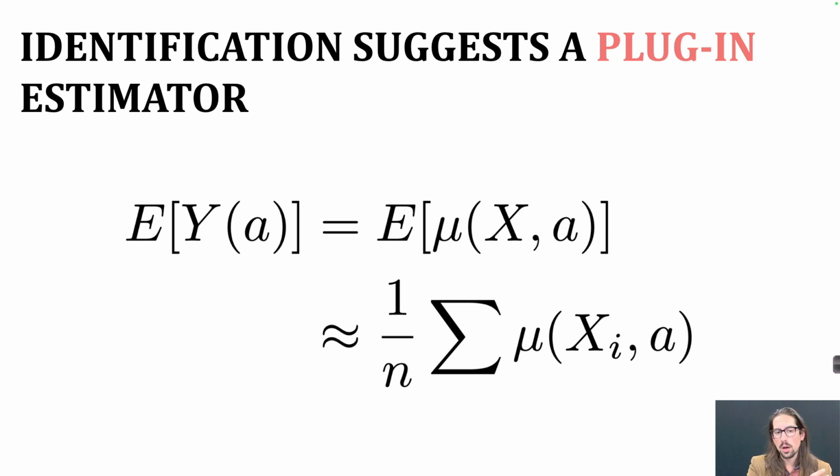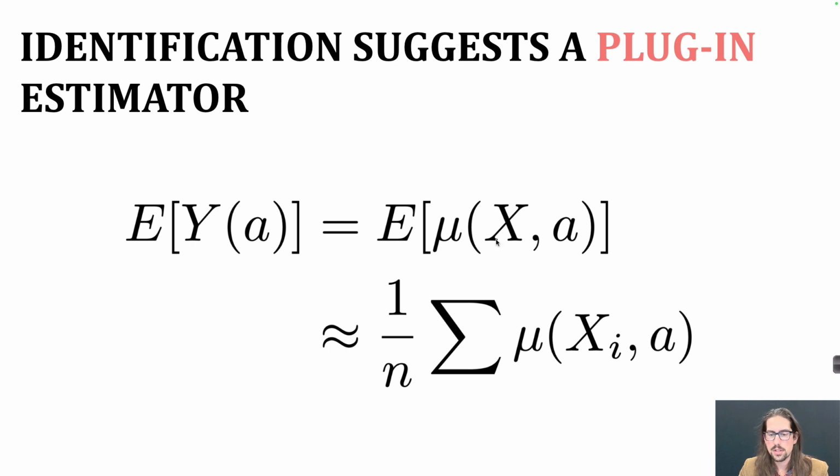So let's go back to our identification lecture where we saw that to estimate a causal effect, it's usually the difference or the ratio of these expected values of the potential outcomes. And to estimate the expected value of a potential outcome, which we can never observe for everybody, we saw that it suffices to estimate the expected value of this conditional mean function if we kind of plug everyone in.